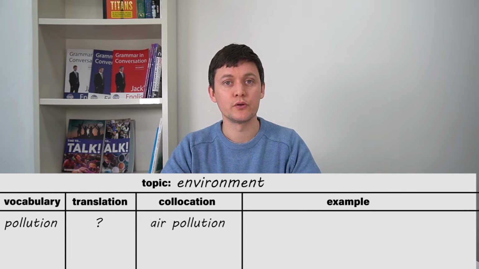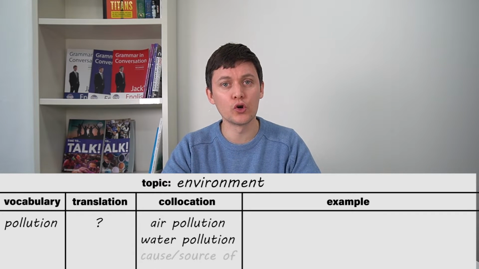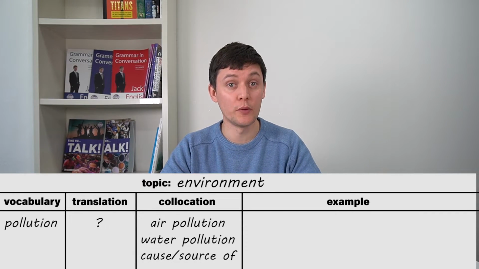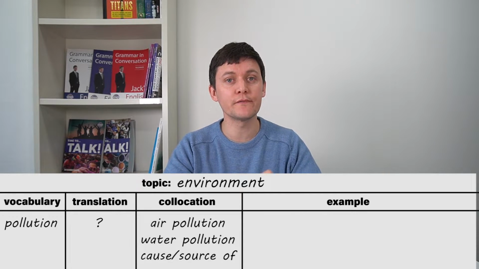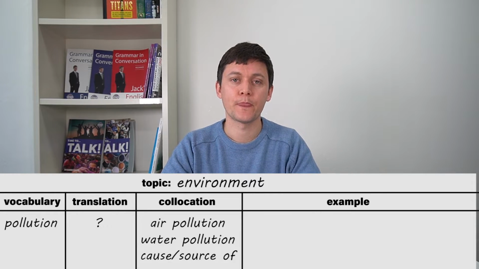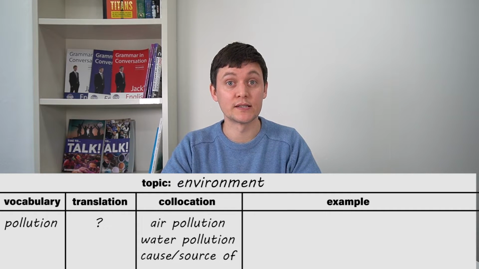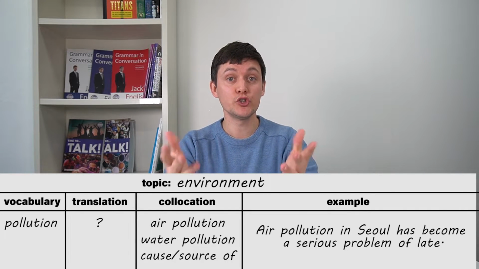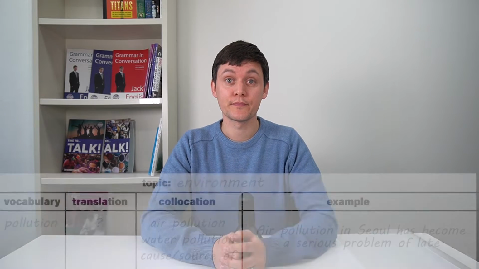Air pollution, water pollution, the cause of pollution, a source of pollution. These are some common collocations using the vocabulary pollution. Finally, we need an example sentence. Air pollution in Seoul has become a serious problem of late. This is my example sentence. You can try any example you want. So that's how to use my free template.